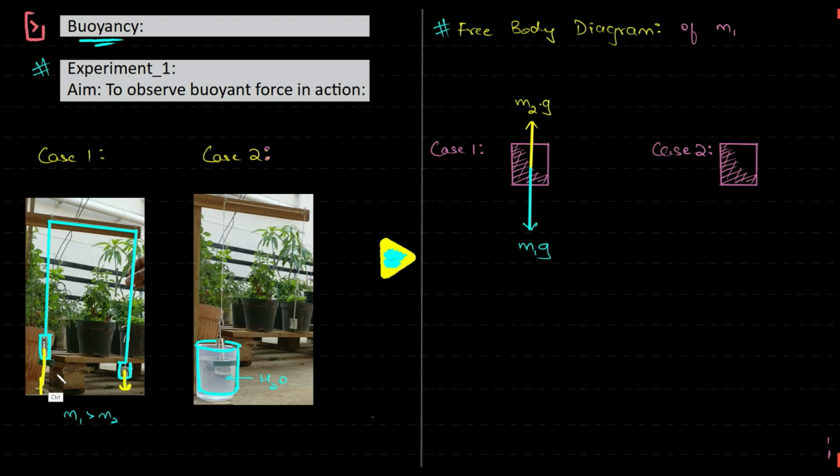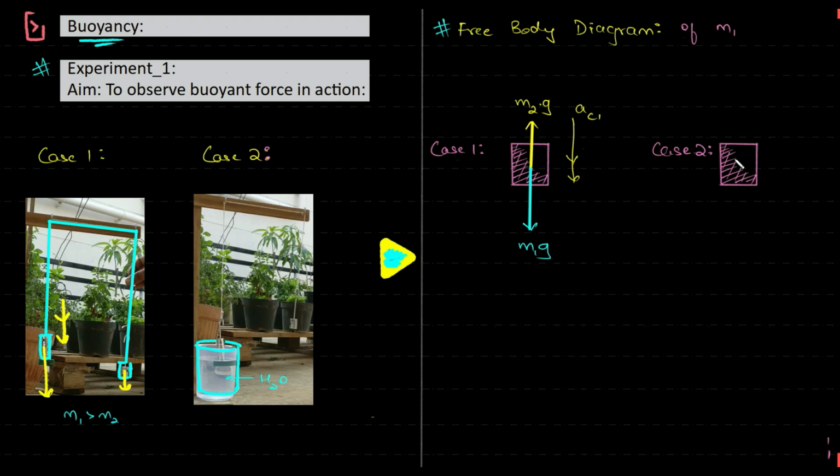Because m1 into g is more than m2 into g, the setup will move in this direction. Agree? It will accelerate in this direction. So basically, we are looking at something like this. Acceleration in case 1.